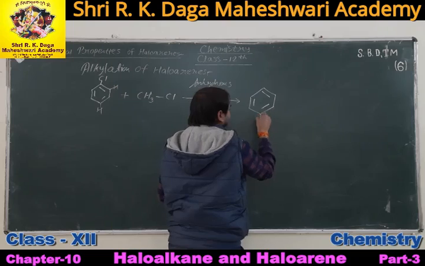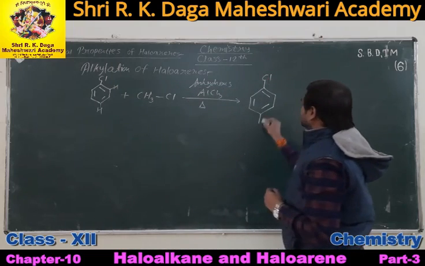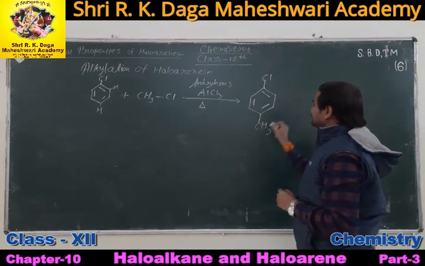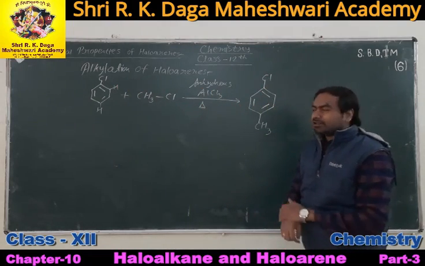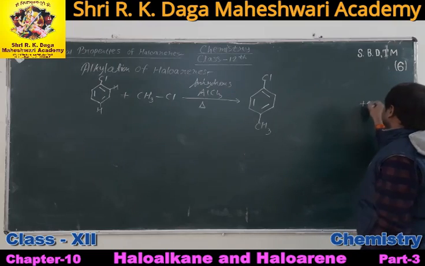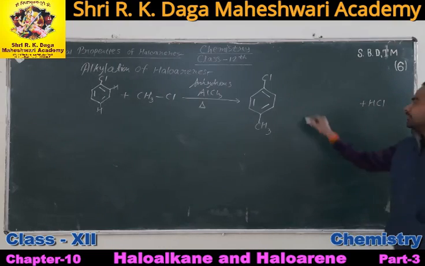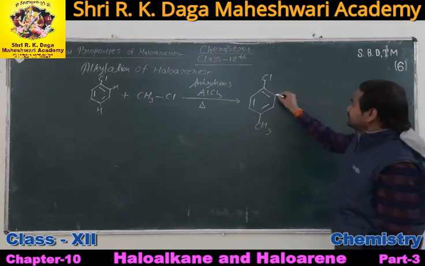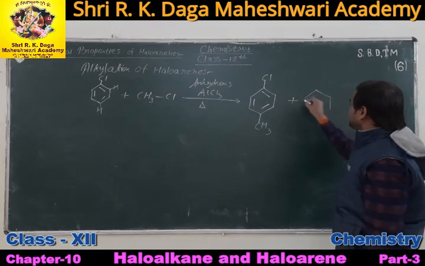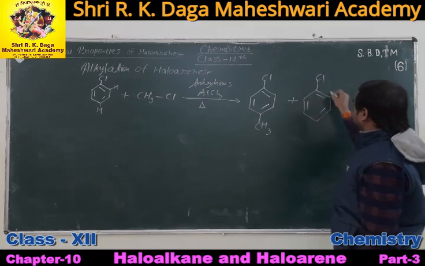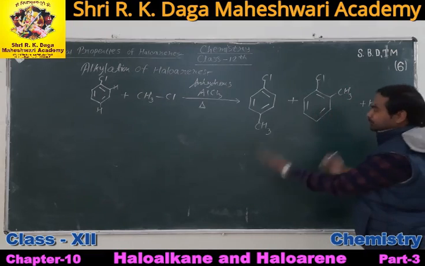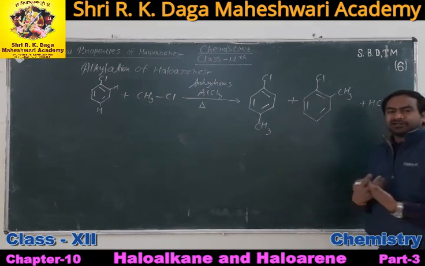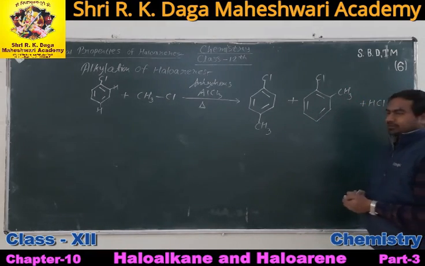The H will move out with the Cl to form HCl, which is our byproduct, and that position can be completed by this CH3 like this. Here I write down the major product first and the minor product second, that doesn't matter. We can easily interchange it.